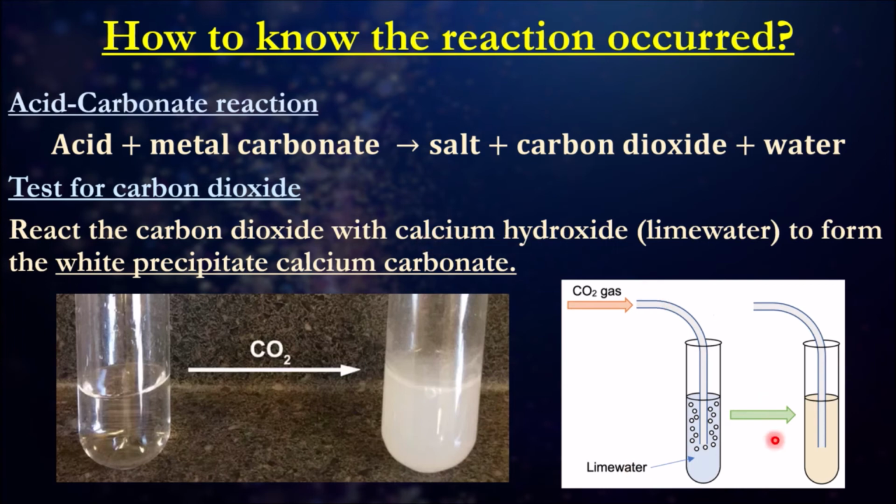If you react that carbon dioxide with the lime water, it forms a reaction known as precipitation to form a white precipitate called calcium carbonate. So this is the transition you would see if there is carbon dioxide reacting with the calcium hydroxide.